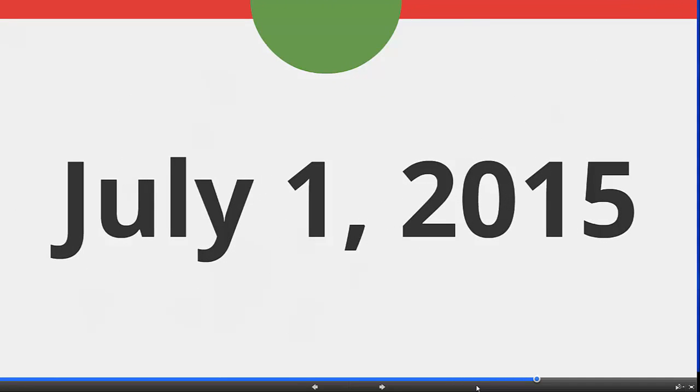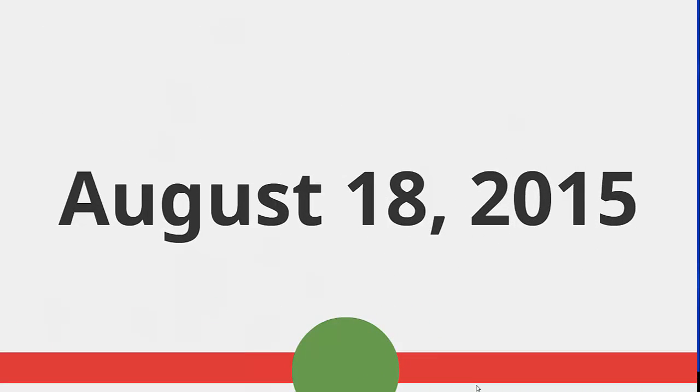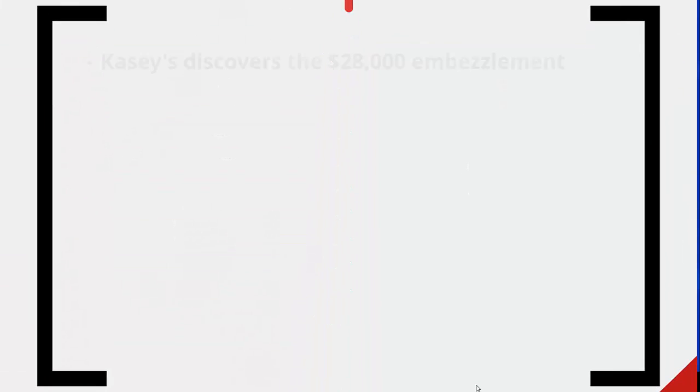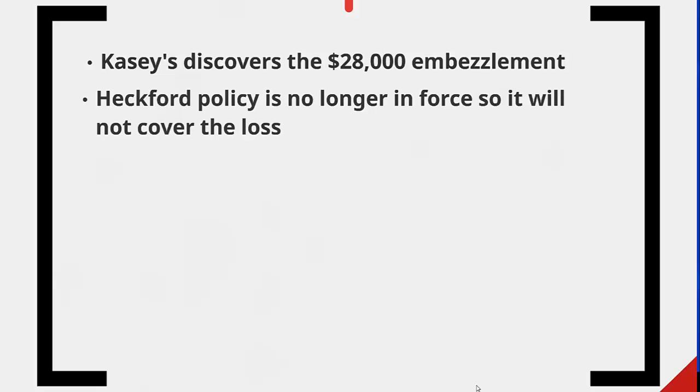Now we're at July 1st, 2015. On June 30th, 2015, Hemford's policy had expired at midnight. The insured renews with Justice Mutual on July 1st, 2015. So, on August 18th, 2015, Casey's discovers the $28,000 embezzlement.